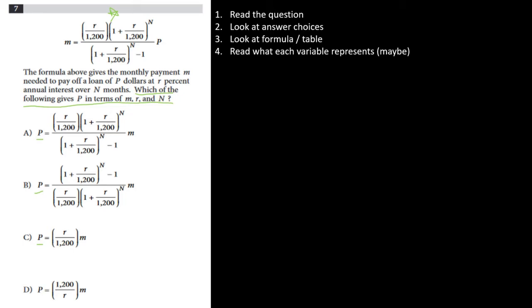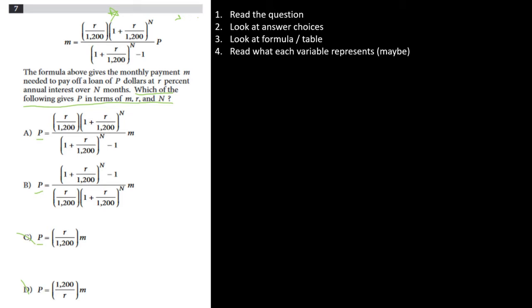When I look at this problem, I see that C really can't be the answer because it's missing a lot of things from this formula over here. And I know it can't be D because it's also missing a lot of things from this formula. So I know it's either going to be A or B. And how do I know which one it is?